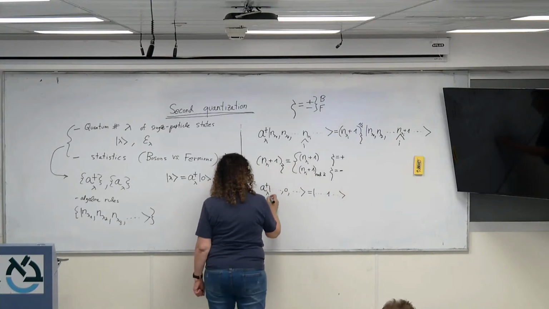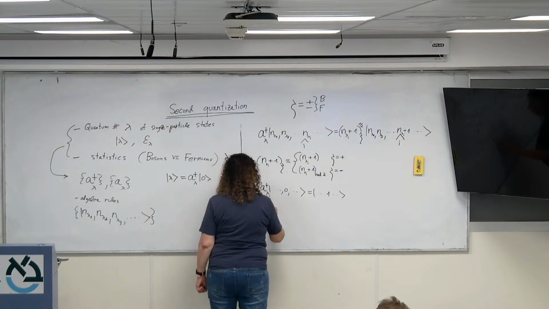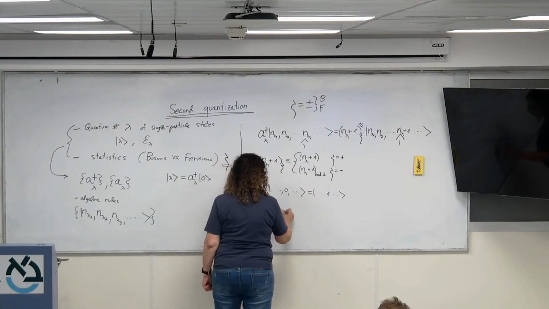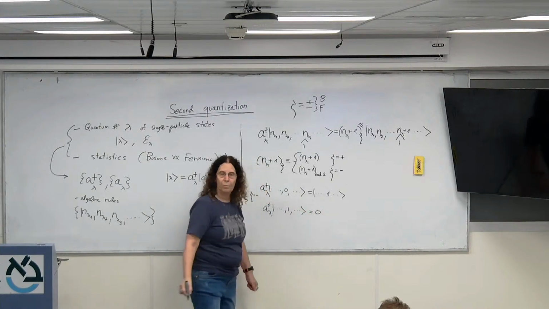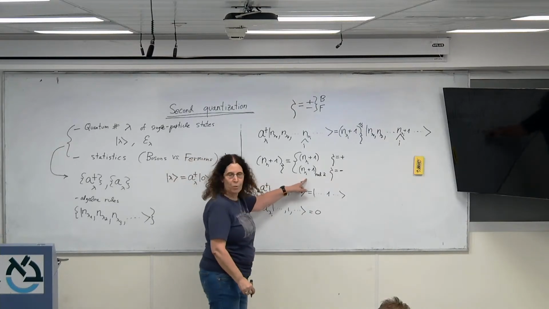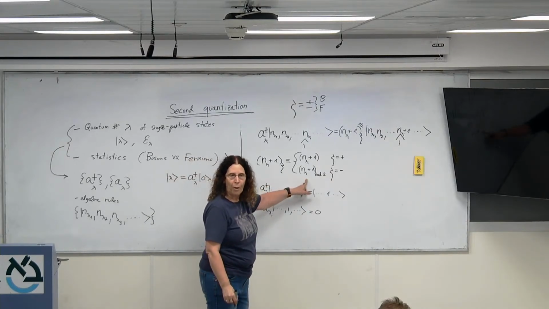But if I'm trying to create another fermion in a place that is already occupied, it gives me 0. That definition serves the purpose.